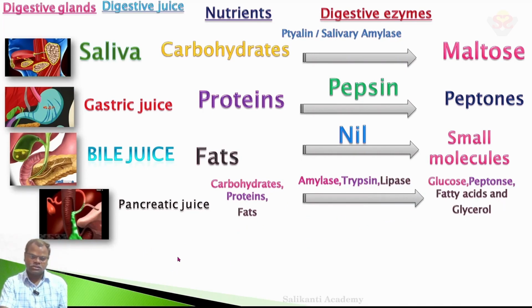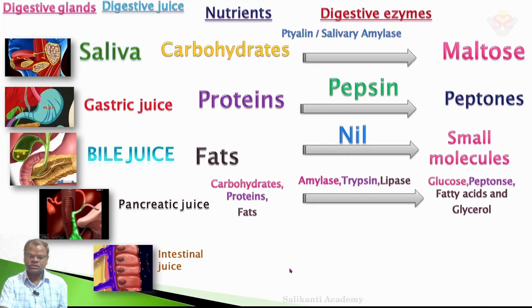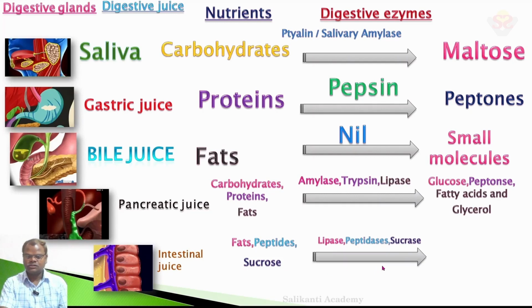And the last digestive gland is the intestinal glands. Intestinal gland secretes intestinal juice. Intestinal juice contains the enzymes lipase, peptidases, and sucrase, which act on fats, peptides, and sucrose, and convert them: fats to fatty acids and glycerol, peptides to amino acids, sucrose to glucose.